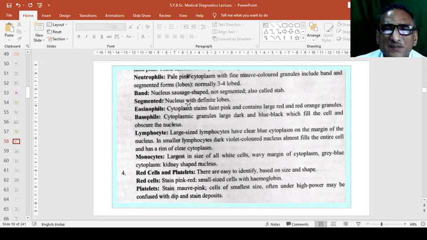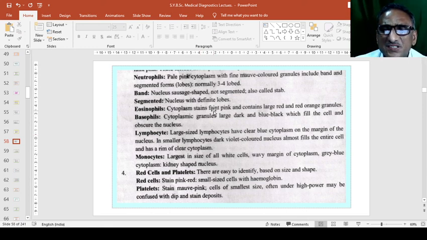The nucleus is sausage shaped, with definite lobes, 3 or 4 lobes, not less or more.